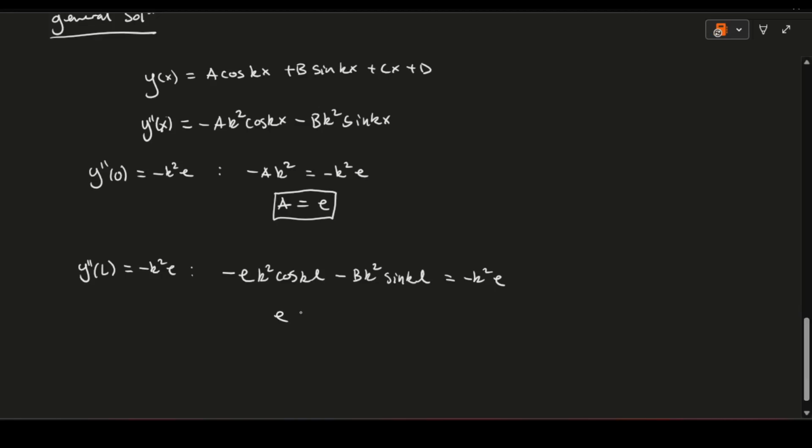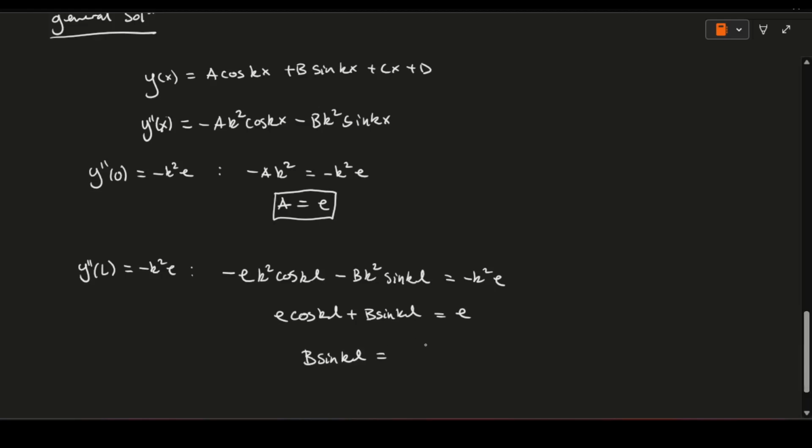We are left with E cosine kL plus B sine kL is equal to E. Solve this for B sine kL.